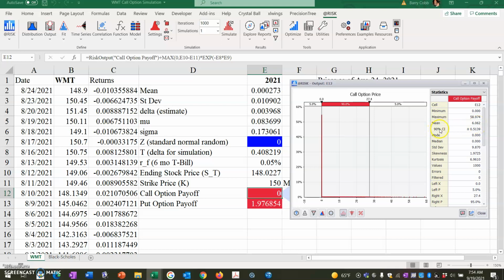Now there's a 90% confidence interval for that mean of about 51 cents. So there's certainly a range of values where the option price could lie, 50 cents on either side of $6.06. Because this is a fairly wide confidence interval, with options, sometimes we may want to extend the number of trials we use. It's a small model, so I'll use 10,000 trials.